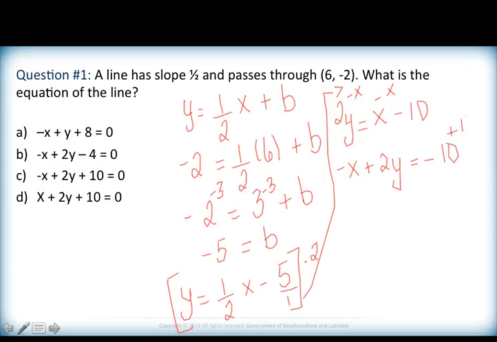We need to achieve 0 on the right-hand side, so we're going to add 10 on both sides. So now we have -x plus 2y plus 10 equals 0. And now that equation is in general form, and our solution will be C.